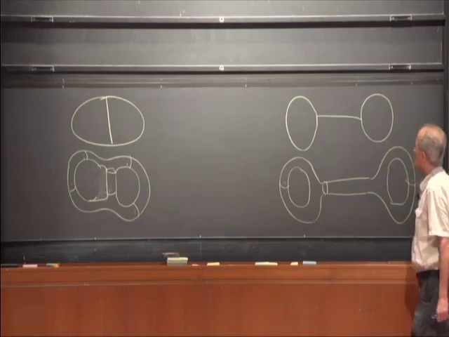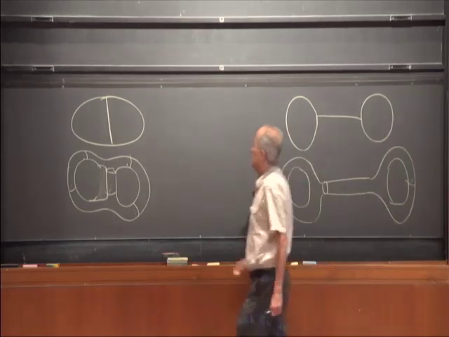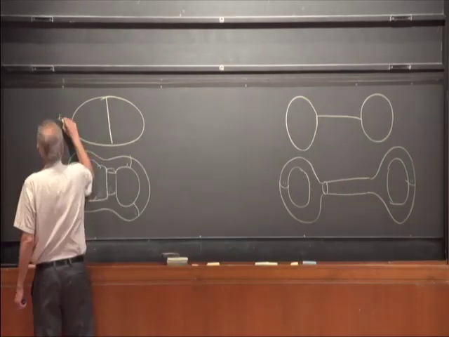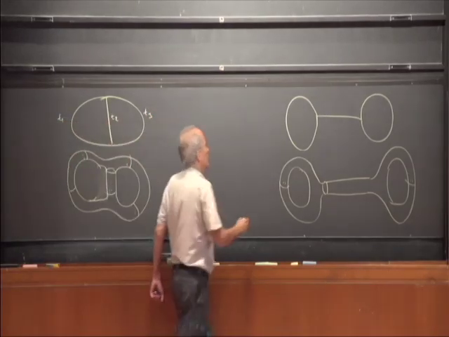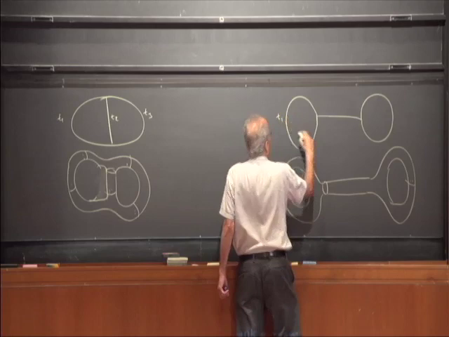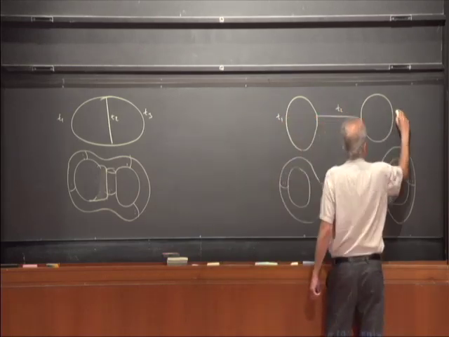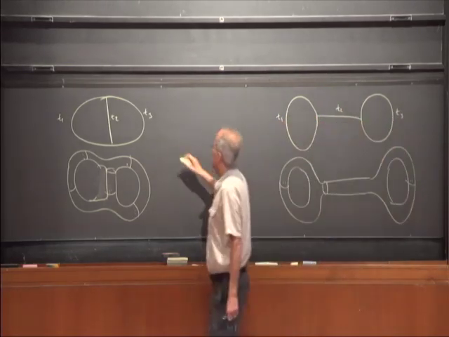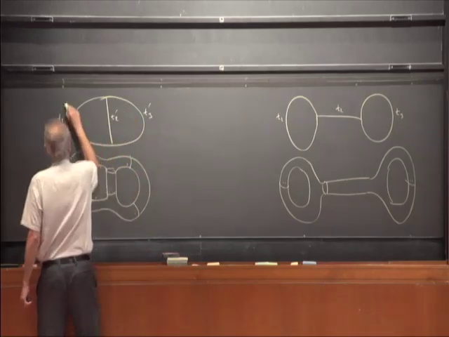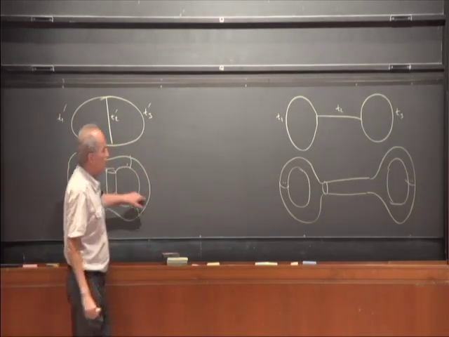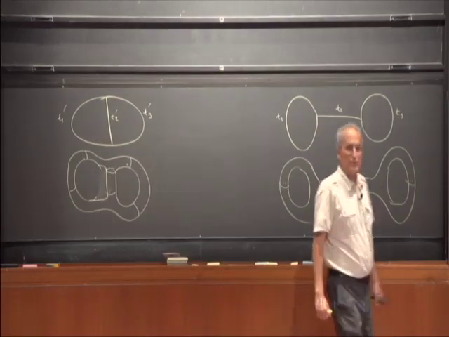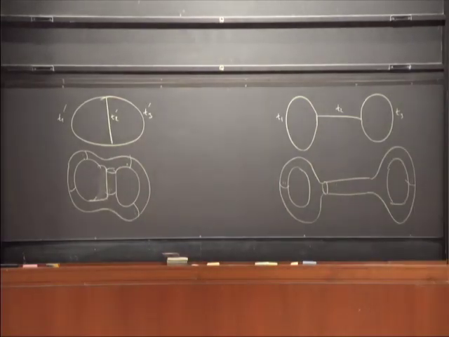Each of the 2 Feynman diagrams is a 2-loop diagram in a cubic field theory, so they have the same number of Schwinger parameters, but different ones. I'll put primes over on the left. But if you think carefully about the string diagrams, you'll see that the 2 string diagrams are both smooth 2-dimensional surfaces with 2 handles.